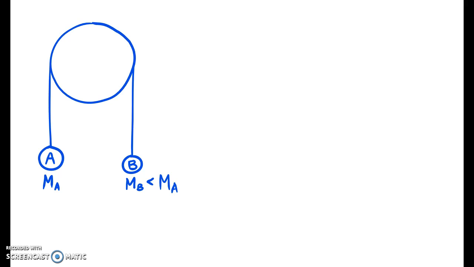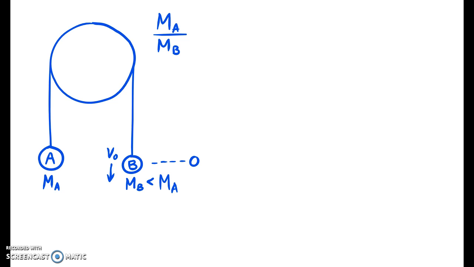Now B starts off at some height, at some point O, and we also give B an initial velocity which we'll call V0. Now we're asked to find the ratio ma over mb in order for B, once we give it an initial velocity, to keep going downwards until it reaches a certain point.